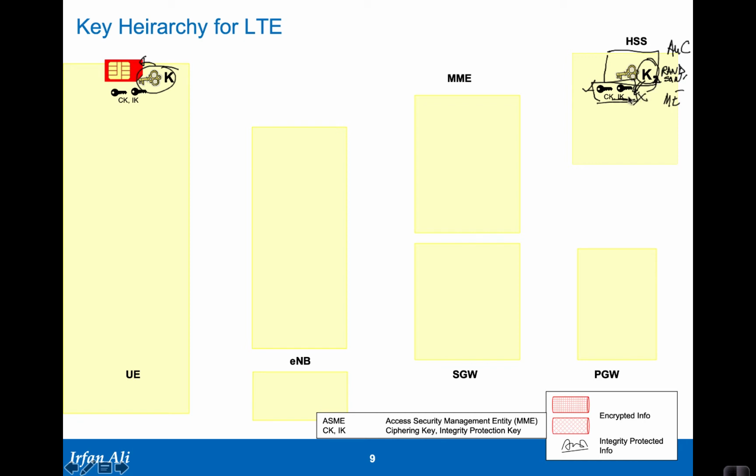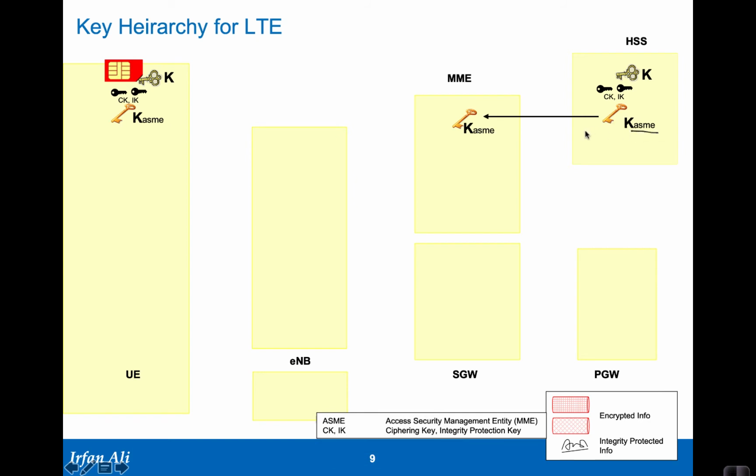That's one of the reasons why there are multiple keys being created, and there is a hierarchy. So from the CK and IK, you would get the next key, which is the KASME, and this is the key that is provided to the MME for deriving further keys.